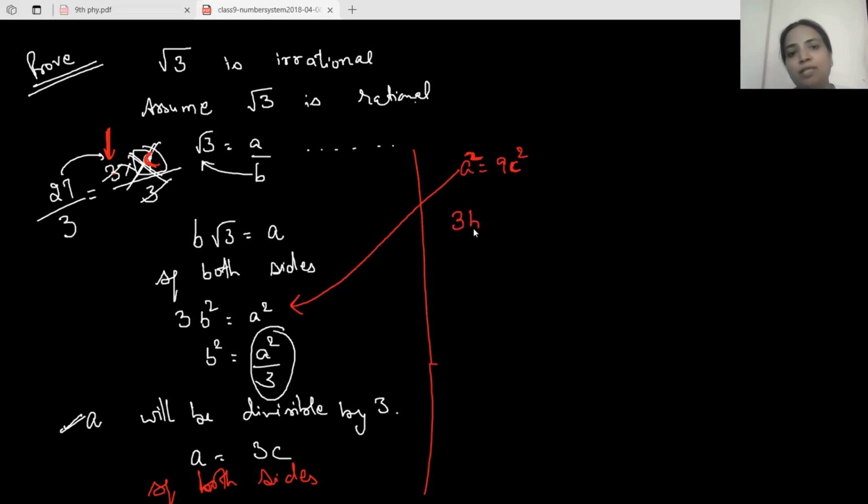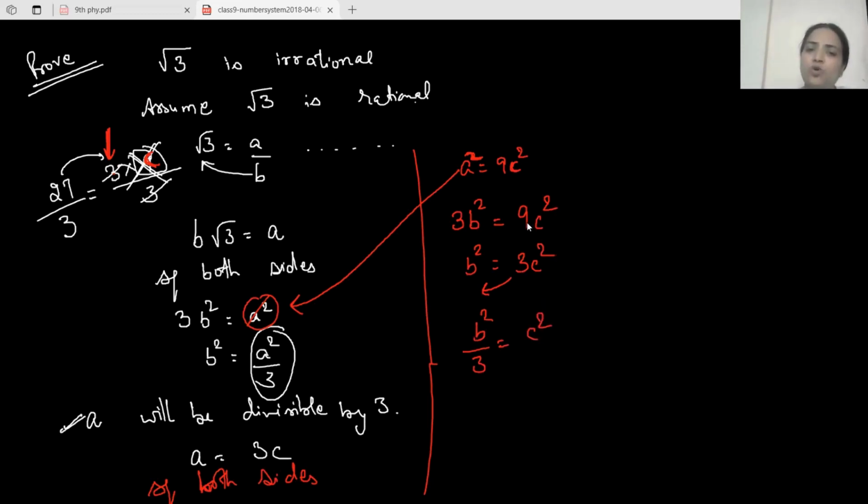So it will be 3b square equals, in place of a square I am writing 9c square. Now this 3 coming to that side, getting cut, b square equals 3c square. Now this 3 coming back here will be b square by 3 equals c square. Even if you don't take it there, transpose it here first, doesn't matter. Now I got this conclusion again from here that b is divisible by 3, because b square is divisible by 3, which means b is also divisible by 3.